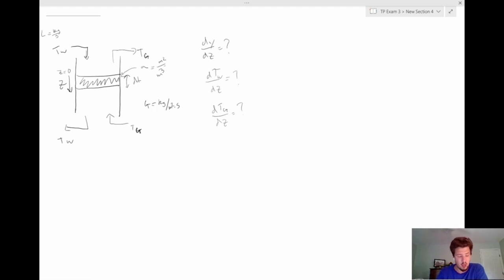We have our flow rate of the liquid, which is in kilograms per second, and a gas flow rate, which is kilograms per meter squared second. With this, we're going to start deriving our differential equations.